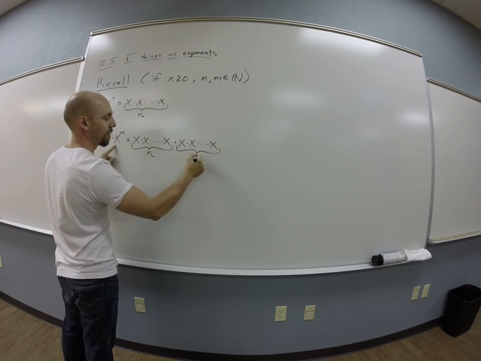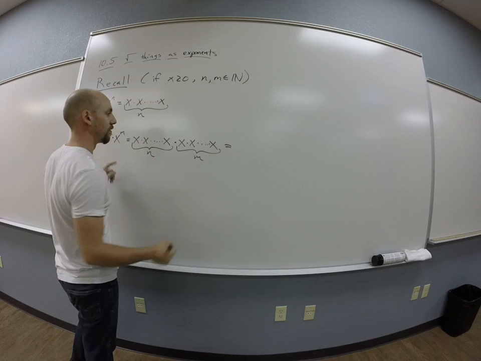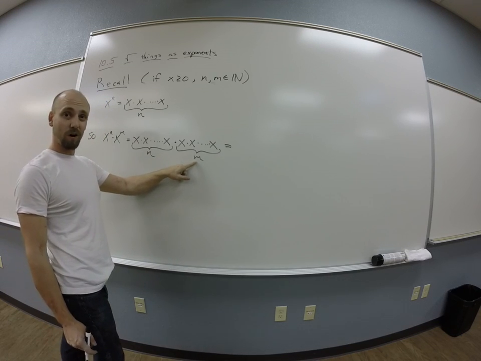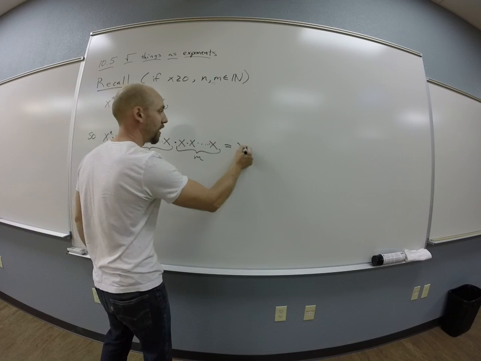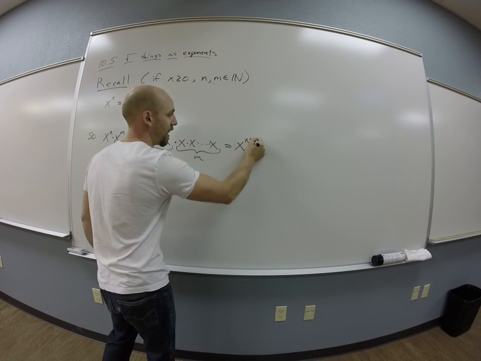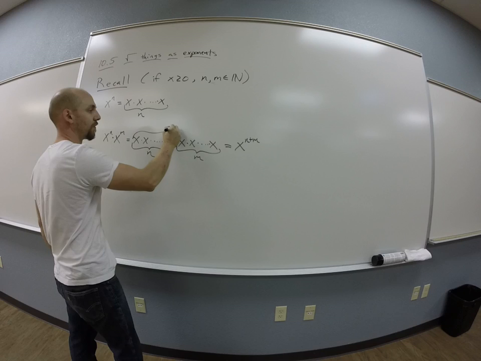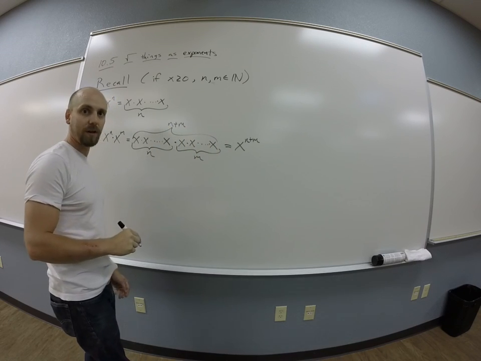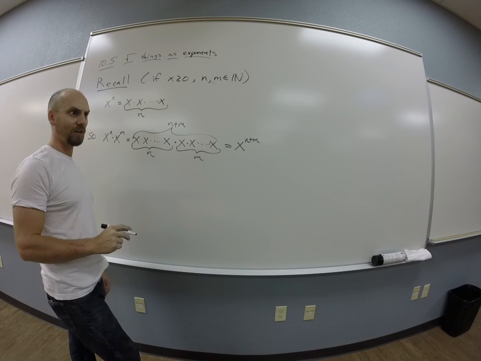So all told, we've got n x's and then m more come along. That leaves me with x to the n plus m, because this whole group is n plus m x's multiplied together. You guys all remembering this, hopefully?